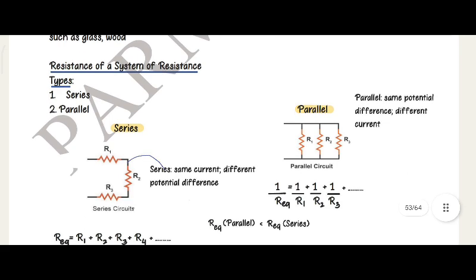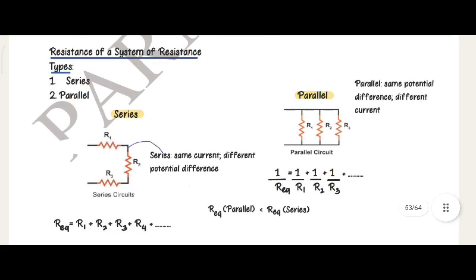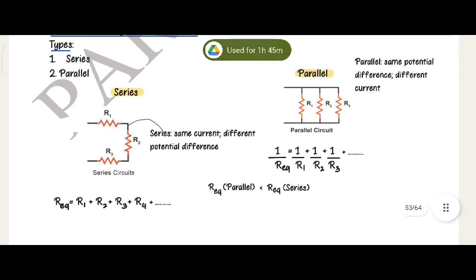Resistance of a system of resistors: parallel and series. Series: R1 connected to R2 connected to R3. In series connection, Req is equal to R1 plus R2 plus R3 plus R4 and so on.